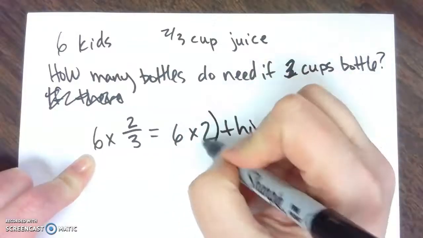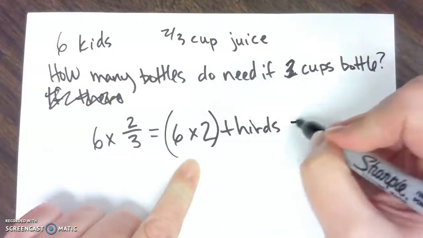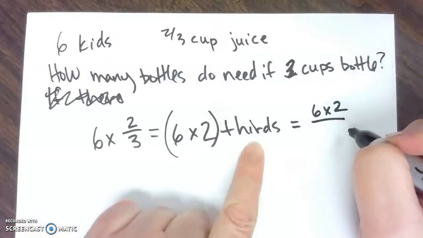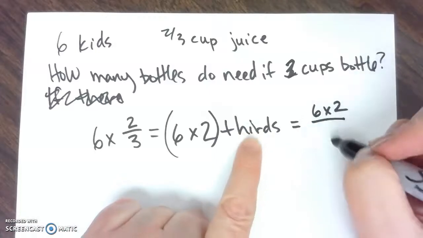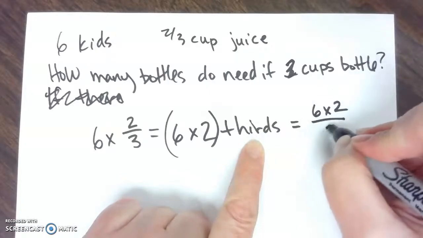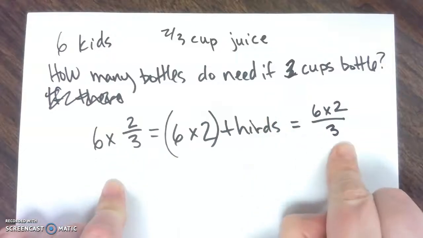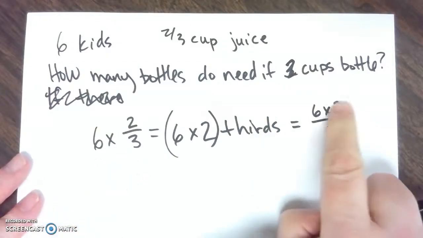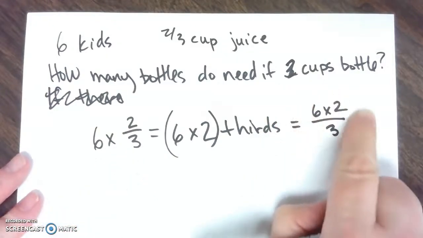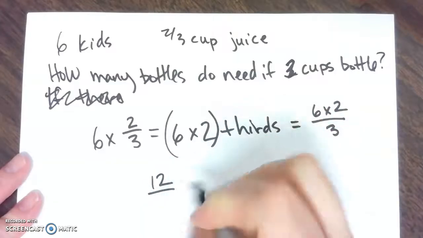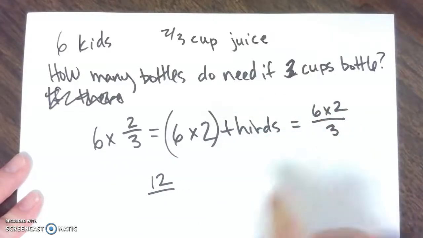And then using the associative property, I can make the 6 times 2 play together and then make this thirds, bring it back down as a denominator again. So thirds, thirds, thirds. Okay, so then let's do the math. What does 6 times 2 equal? Oh, that's 12. And our denominator is 3.